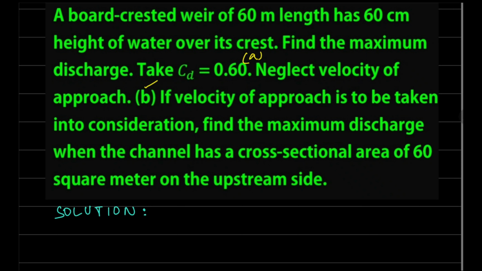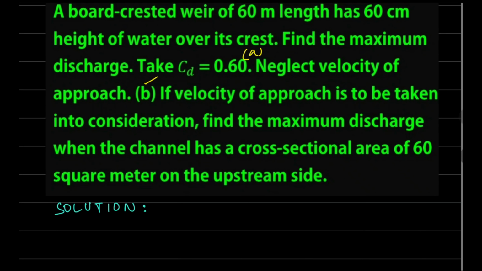So first of all, we'll note down all the values which are given to us. So the length of the weir, that is L, is 60 meter and the head h is 60 centimeter, that is 0.6 meter. Next, the CD value is given as 0.6.